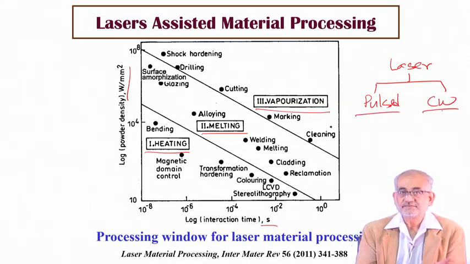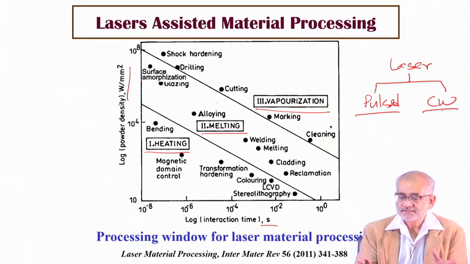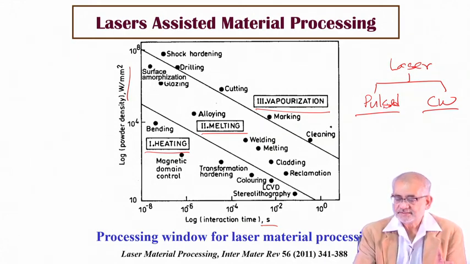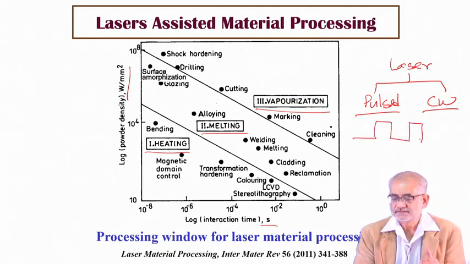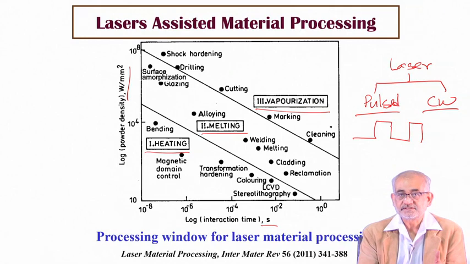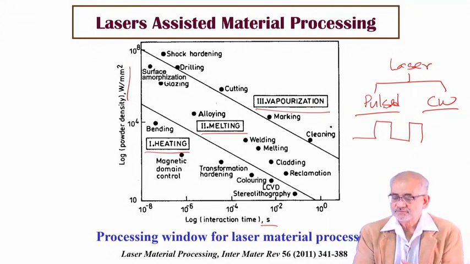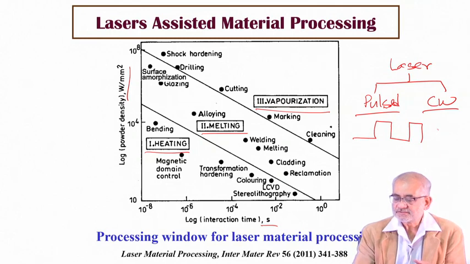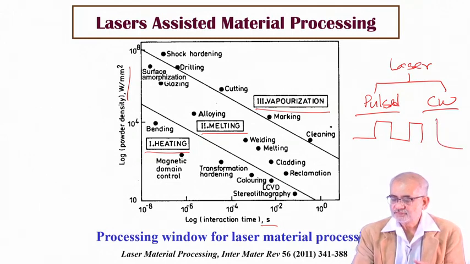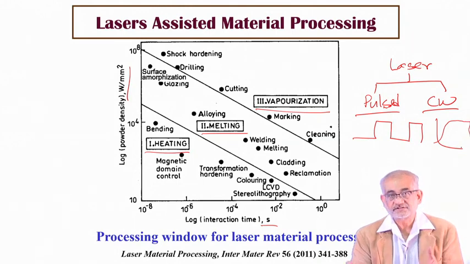In pulse mode, the intensity will go like this. There is a pulse on time and pulse off time. The frequency and the peak height or the intensity will determine the heating effect, or what changes you can bring in. On the other hand, continuous wave essentially means that once the beam is on, it will remain on for a certain period of time.